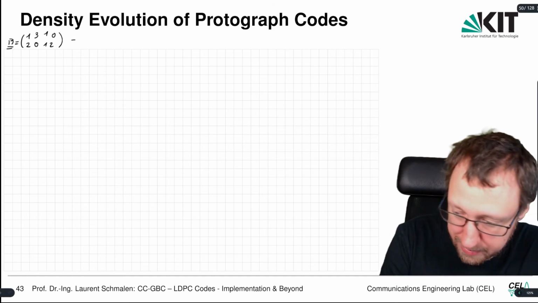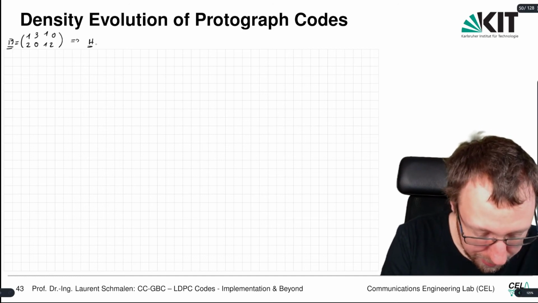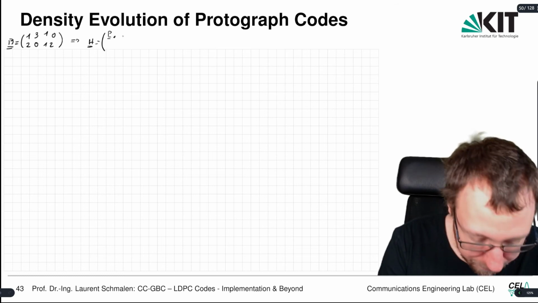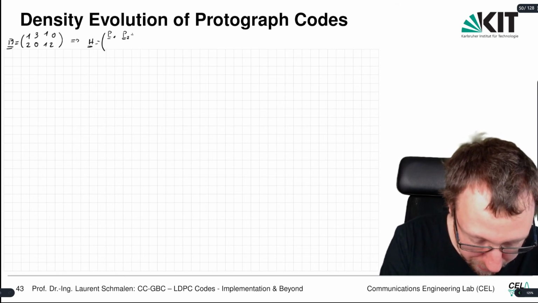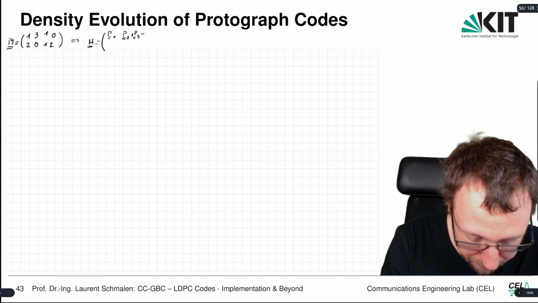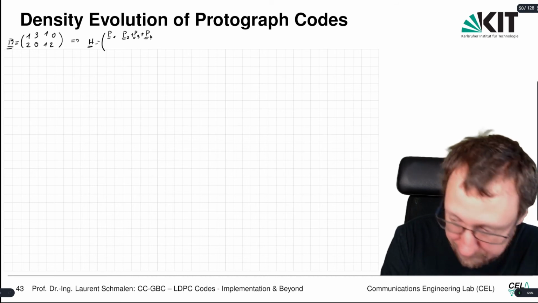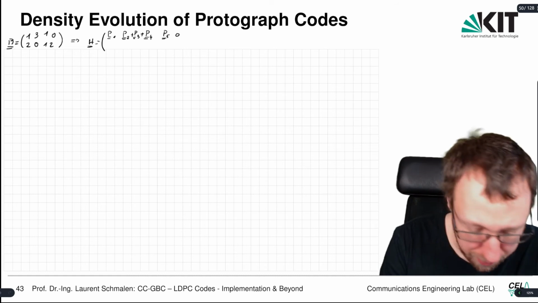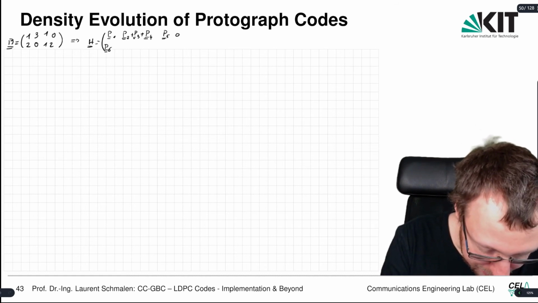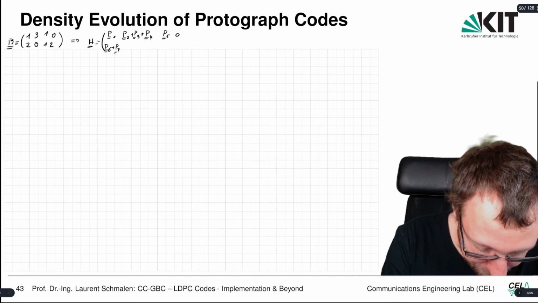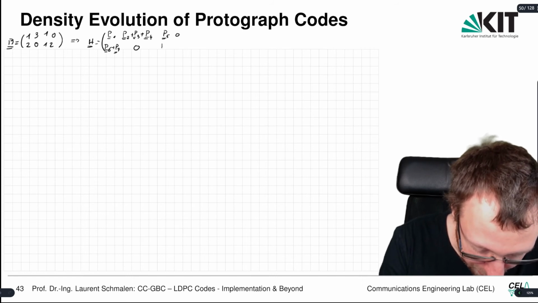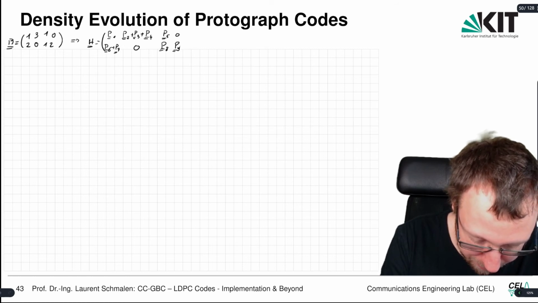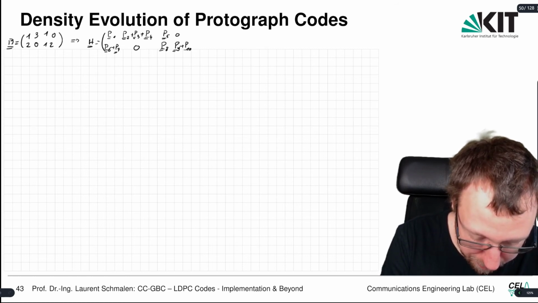And that means that the parity check matrix H is equal to P1, P2 plus P3 plus P4, then we have a P5, 0, here we have P6 plus P7, 0 over here, we have P8 over there, and P9 plus P10.